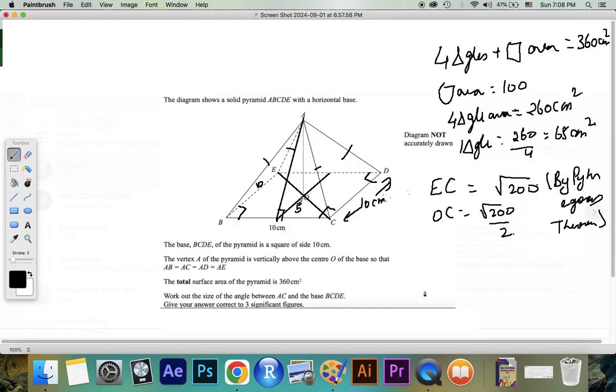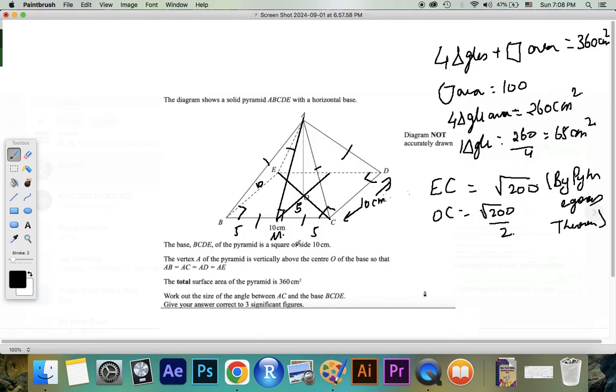Let's call this point M, the midpoint of BC. So BM is equal to MC, and you have been given 5 and 5, so this comes out to 5, this comes out to 5.